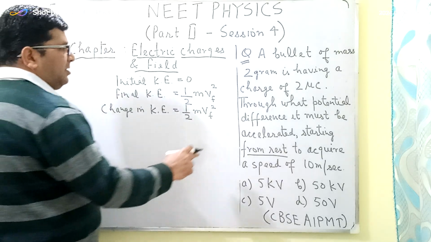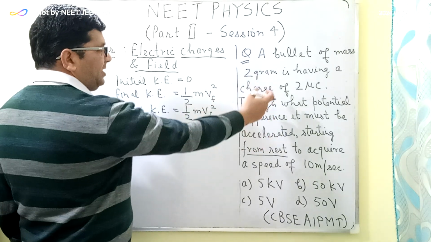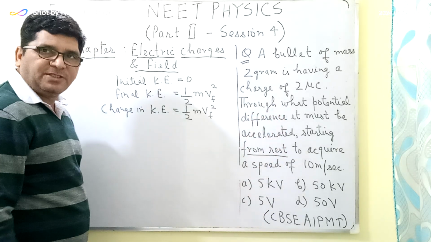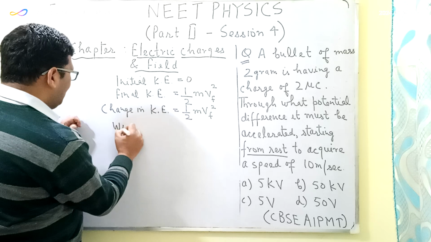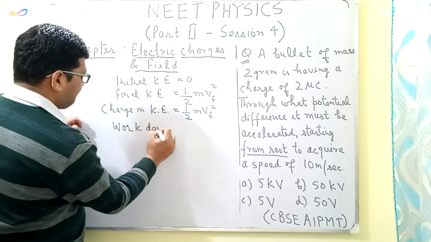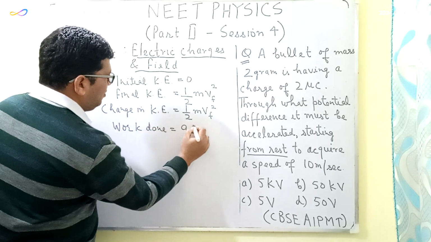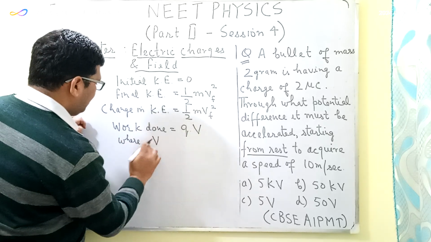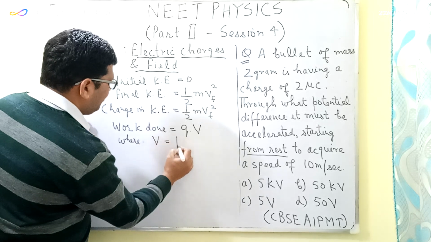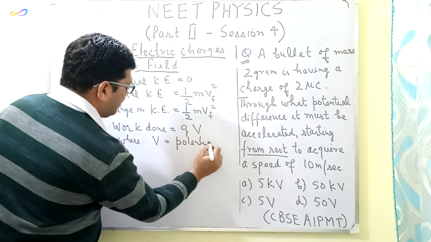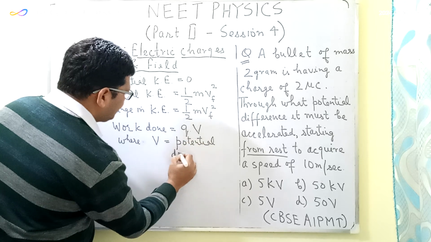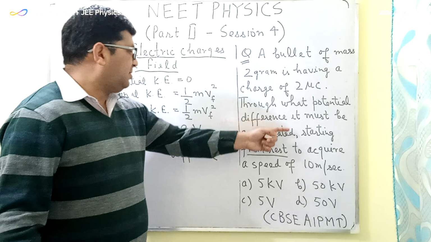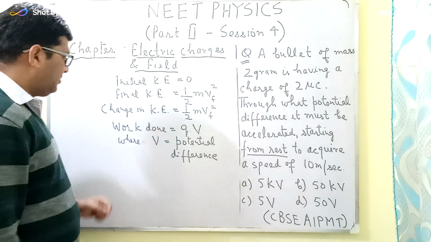In this case, if this bullet having a charge of 2 microcoulomb is accelerated through a certain potential difference, then the work done will be equal to Q into V, where V is the potential difference through which this bullet is accelerated.